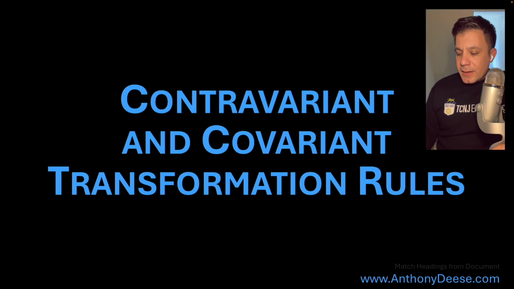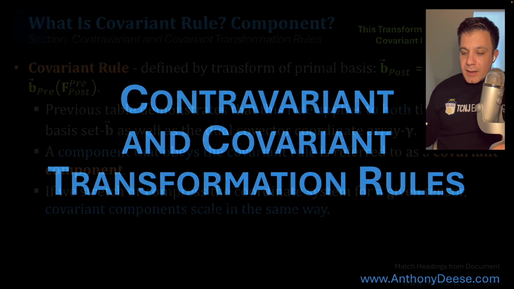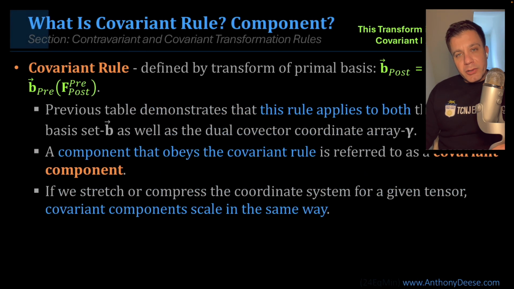Let's discuss the contravariant and covariant transformation rules. During the conclusion of the previous module, we gave a little bit of a preview of what this means. Essentially, we want to elaborate on the transformation rules that were defined as part of, I think, module number 5, where we demonstrated how to apply a transform to the primal basis set, and assuming that we apply that transformation, what corresponding transformation we need to apply to the primal coordinate array.